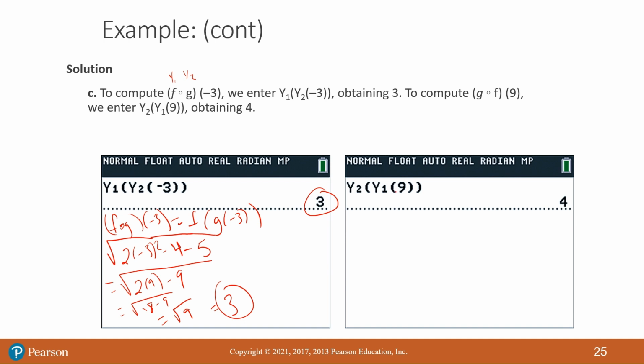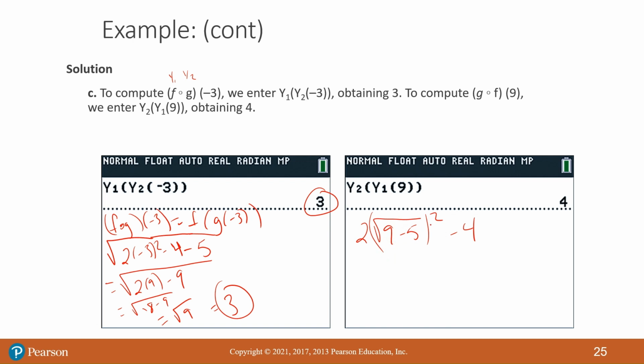Same thing would have to happen over here if I was to input the 9. It would just have to work the other way. I would have to do 2 times the square root of 9 minus 5 squared minus 4. Essentially putting in the 9 for my x here, putting my f of x function into my g of x function. 9 minus 5 is 4.